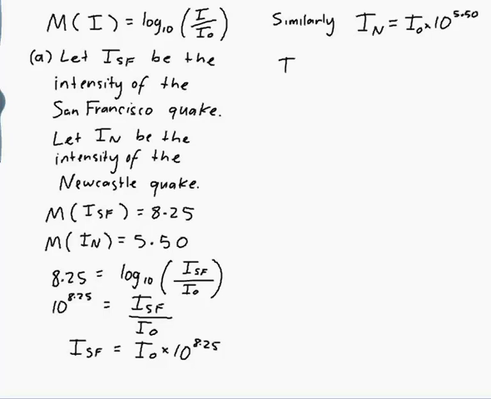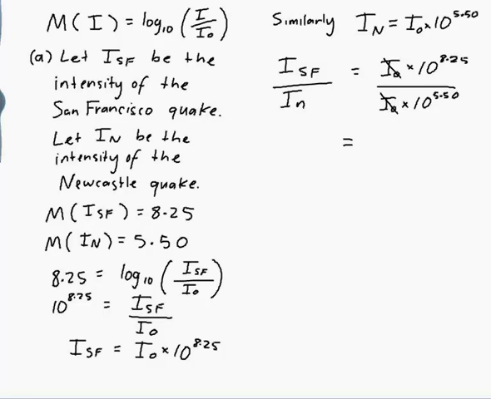So ISF divided by IN would be I0 times 10 to the 8.25 over I0 times 10 to the 5.50. And my I0's cancel, which is good because I don't know what they are. And 10 to the power of something divided by 10 to the power of something means I should subtract the powers.